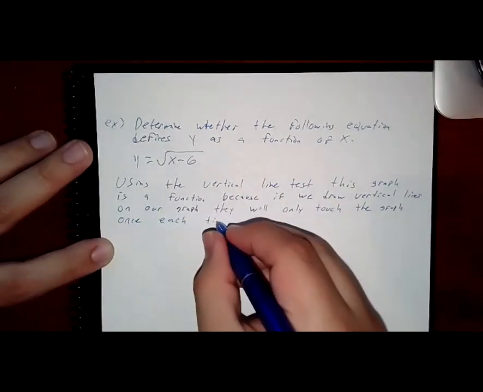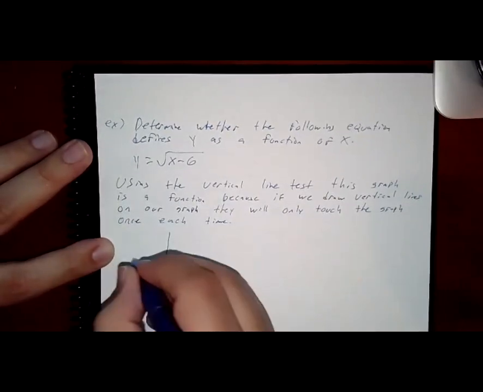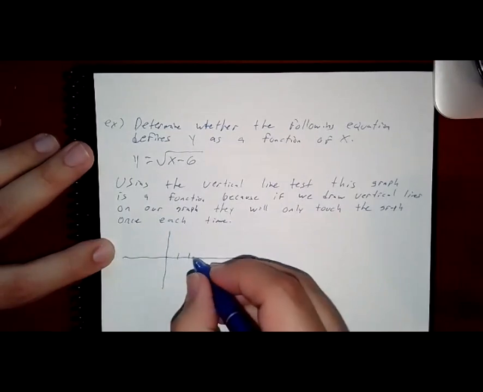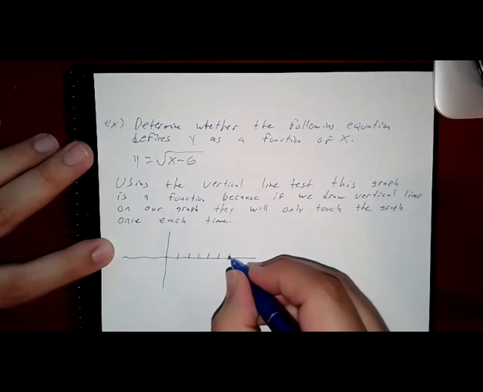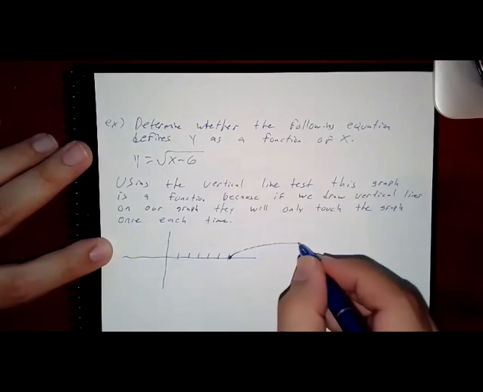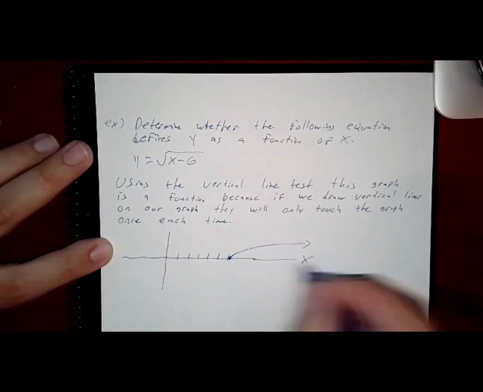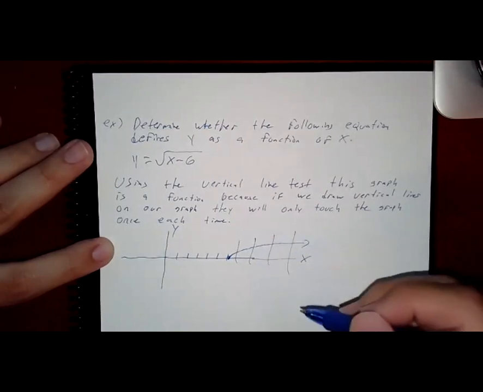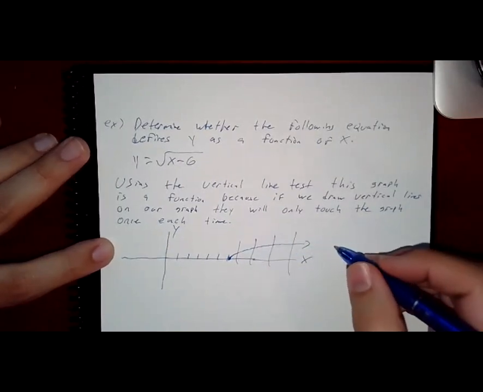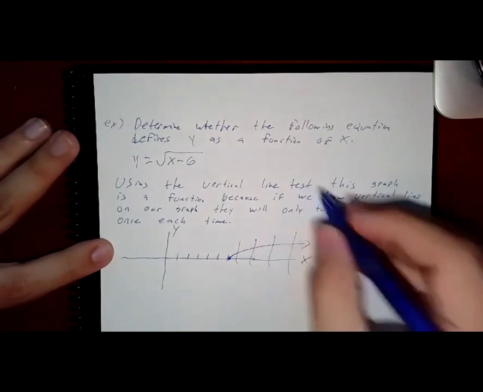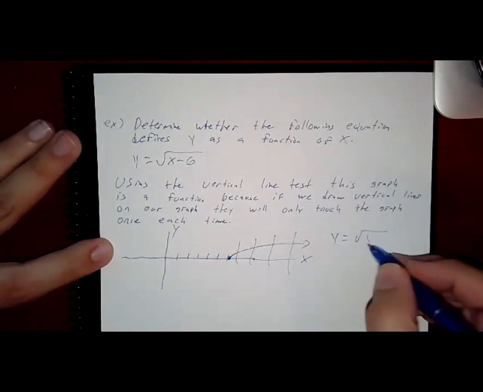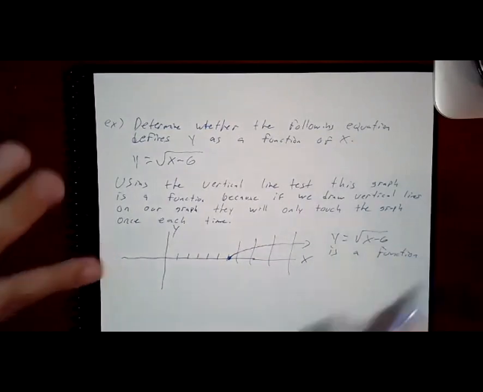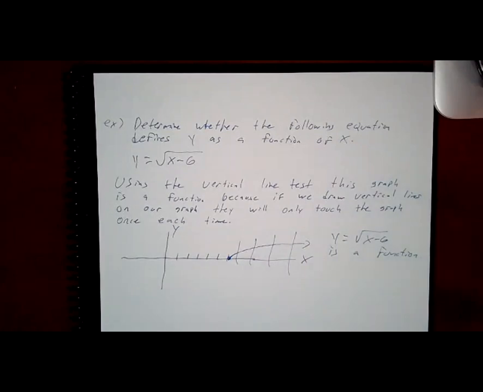Draw it. So let's say x equals 6. You get 0, so (6, 0) starts here. So it touches one time, not two times. So it is a function. Does the vertical line test make sense?